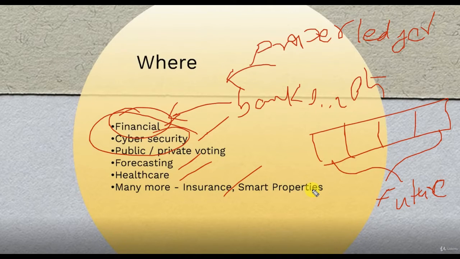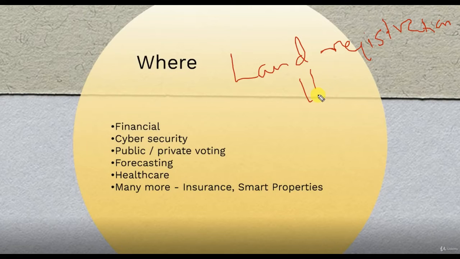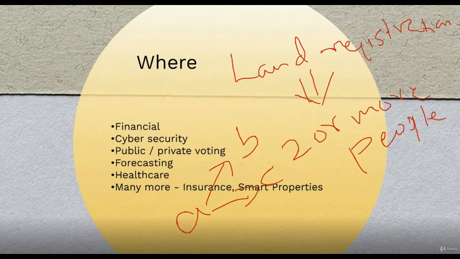The major problem, for example, is land registration. In many countries, they are facing the problem that one land is registered to two or more people. A is registering land to B, C, D just to make money.